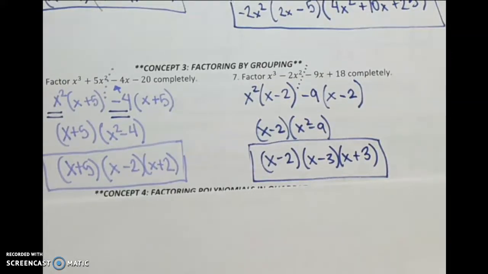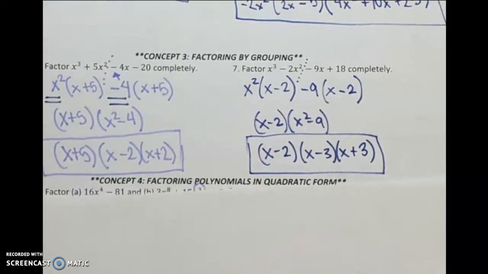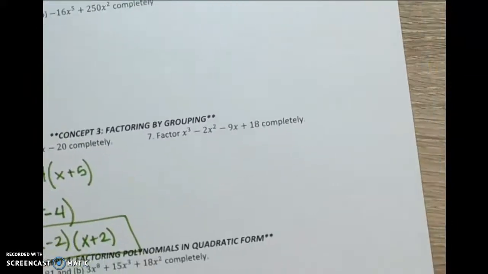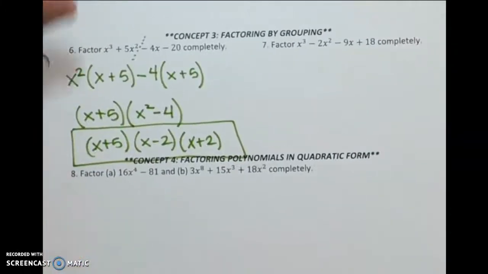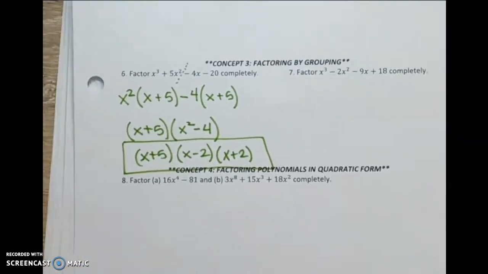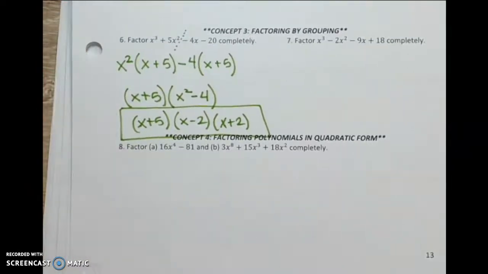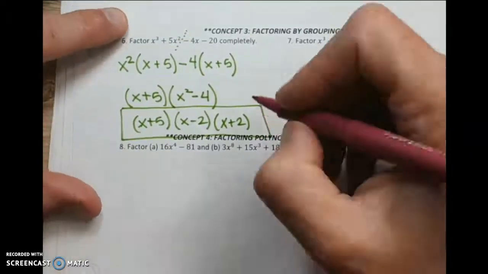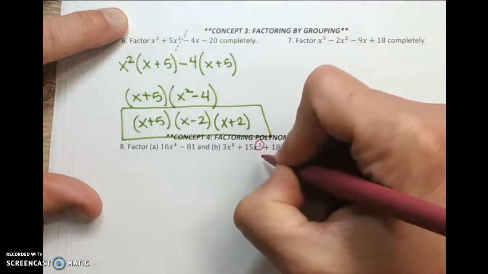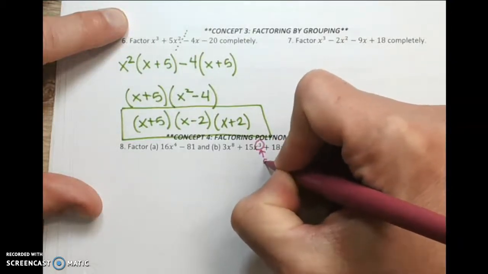Check your work. That one also had a difference of 2 squares in there. Okay, I'm going to go ahead and remove that. And fix this first here. We have a slight error right here. This degree should be a 5.